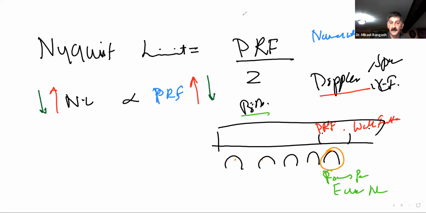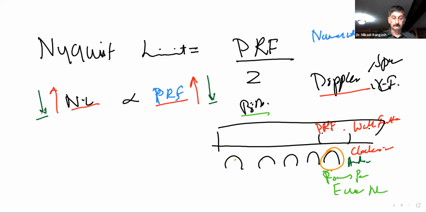So if we turn this knob clockwise, that is going to increase your PRF, which is going to increase your Nyquist limit. Whereas if you turn it anti-clockwise, that's going to decrease your PRF, which will decrease the Nyquist limit.